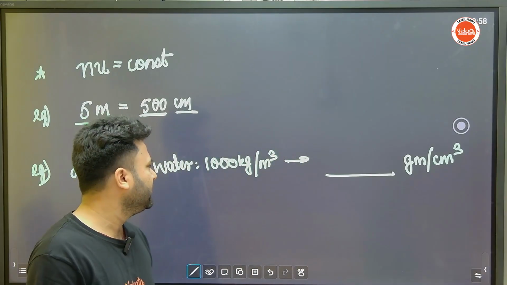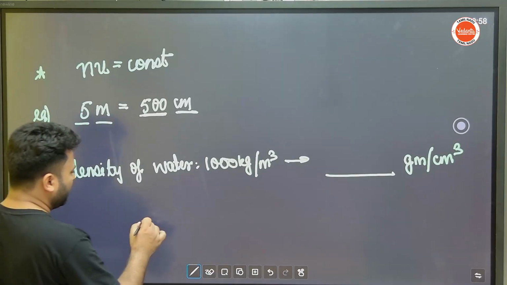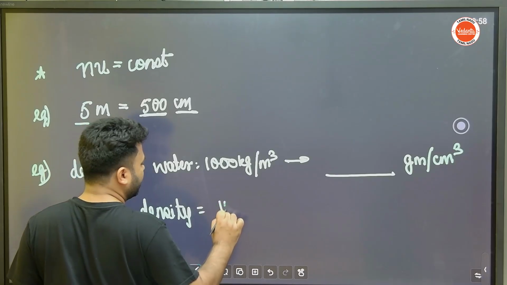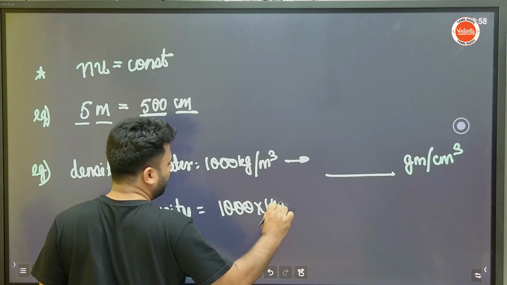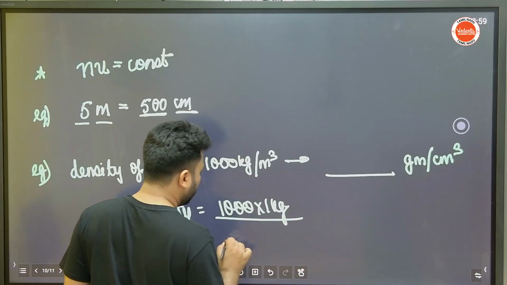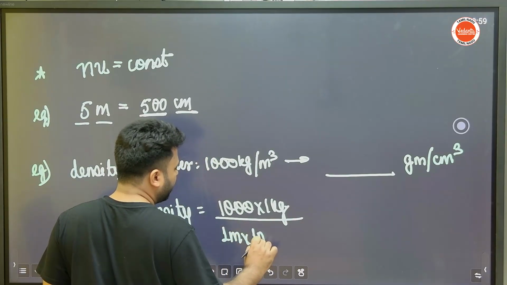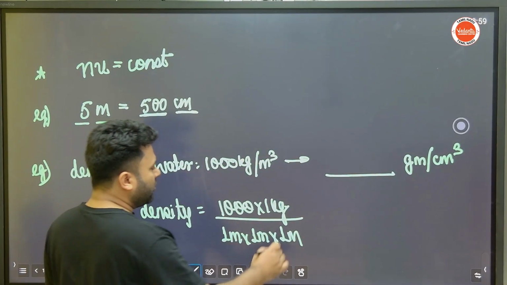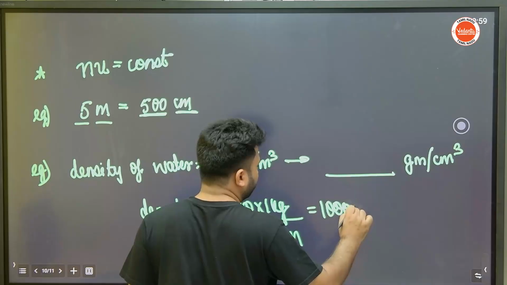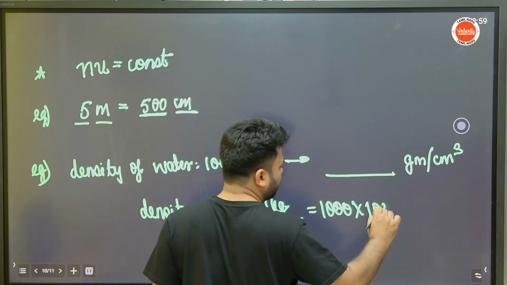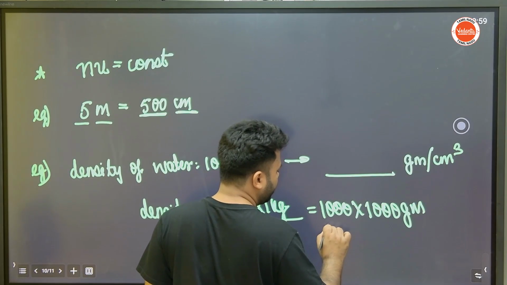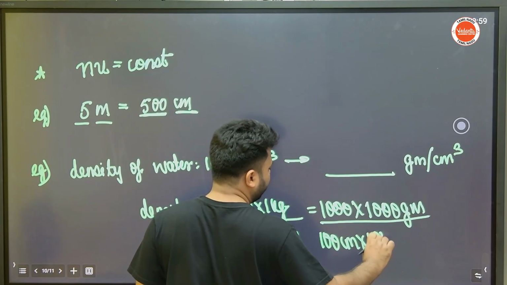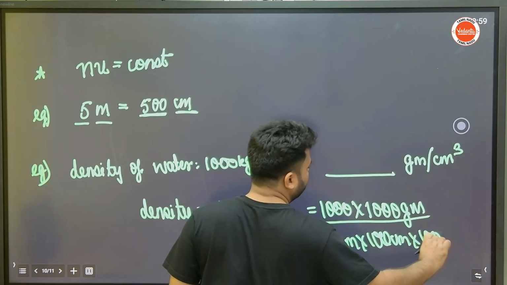See what we have to do. The density they have given is 1000 kg. So 1000 into 1 kg, can I write? Per meter cube means 1 meter into 1 meter into 1 meter. This is the meaning of per meter cube. Now 1000 into 1 kg, can I write it as 1000 gram? 1 kg is 1000 gram. 1 meter is 100 centimeter. Again 1 meter is 100 centimeter. Again 1 meter is 100 centimeter.